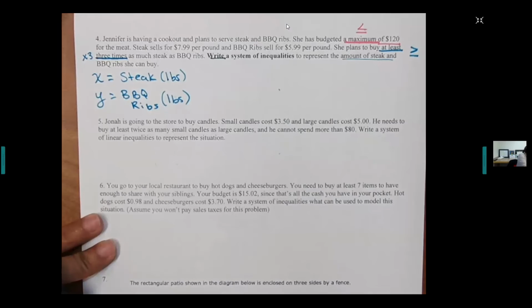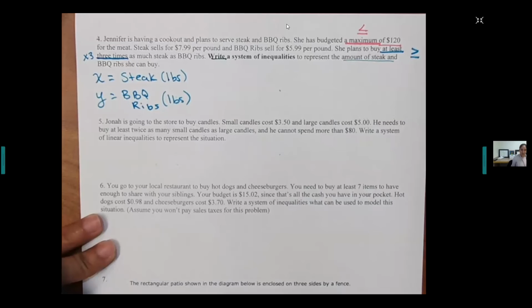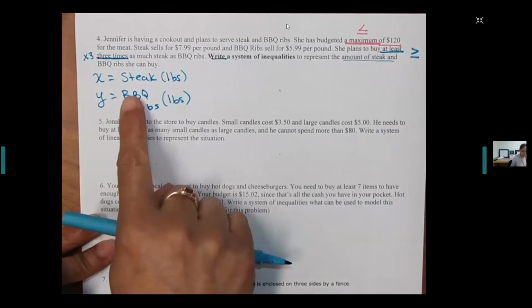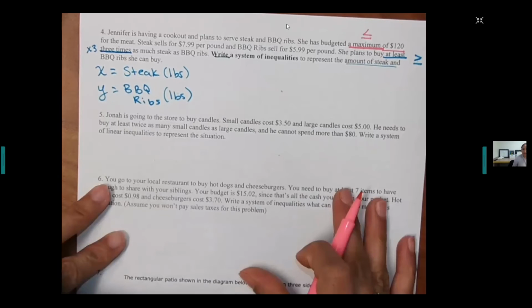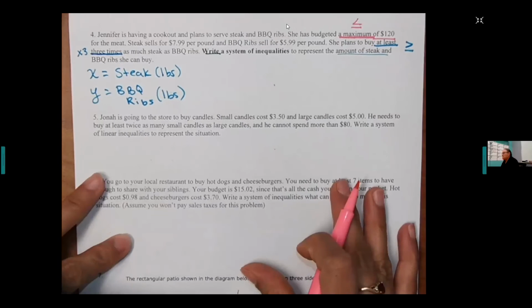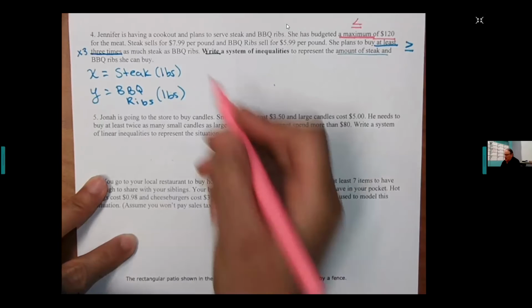All right, so then Mr. Barclay, now that we've gone through and defined our variables and we have the keywords, can you help me put the equations together? Yes. Okay, let's start with our first line. The first bit of information there was regarding money, so let's put together our money line first.